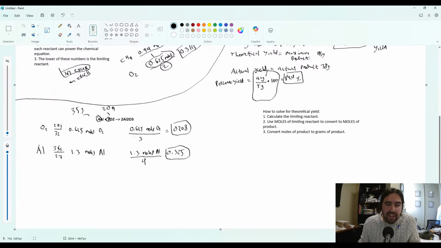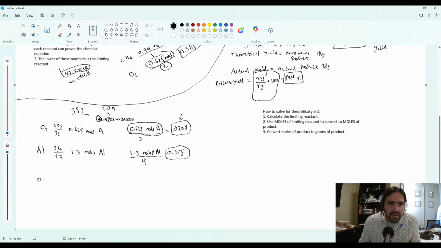So we're going to use this amount of moles to solve for the theoretical yield. You don't use this number. Inevitably, people will get tripped up on this, but you only use the moles, okay? So now we need to convert from moles of oxygen to moles of aluminum oxide. How do we do this?